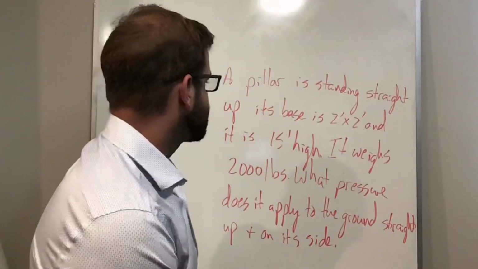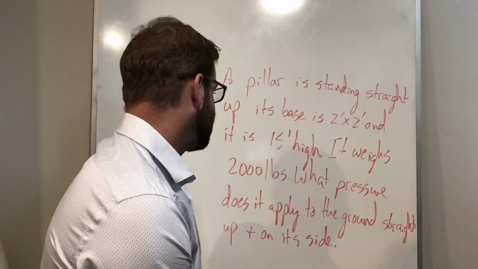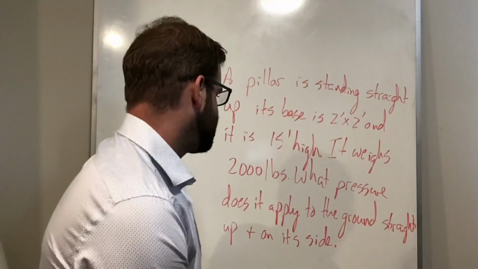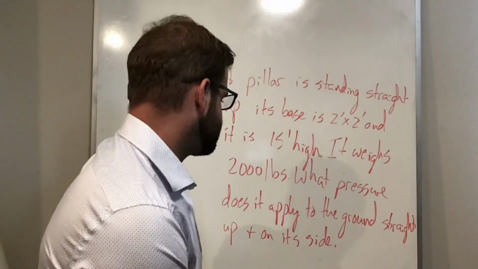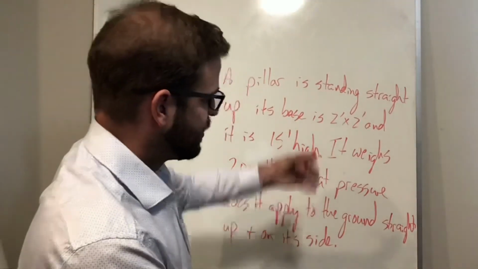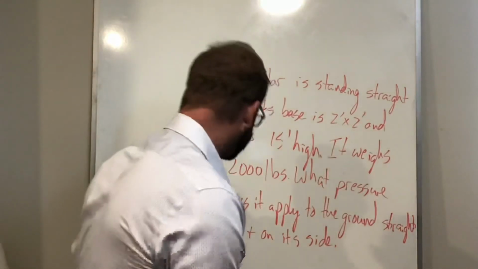Okay, so a pillar is standing straight up. Its base is 2 feet by 2 feet, and it is 15 feet high. It weighs 2,000 pounds. What pressure does it apply to the ground straight up and on its side? So I'm going to look at it when it's in a pillar this way and when it's leaning over.